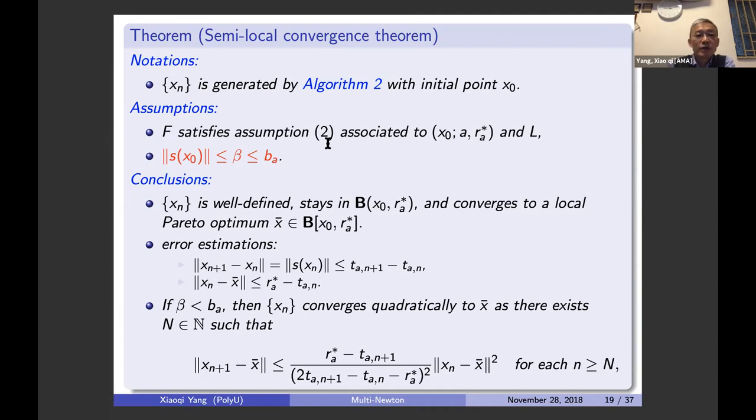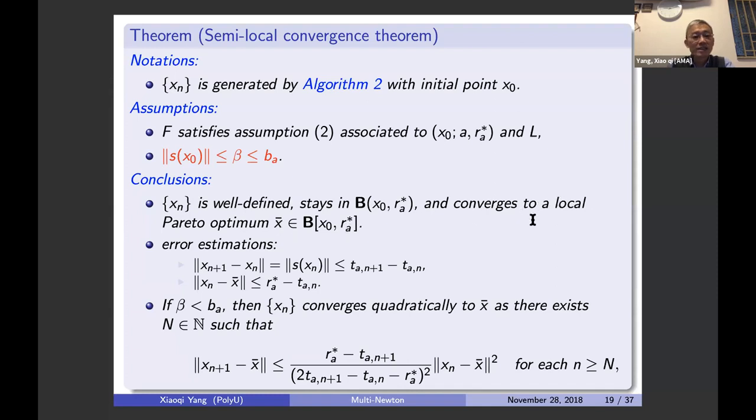Then the whole sequence xn will stay in the ball around the initial point with radius RA star, and converge to a Pareto optimal point.